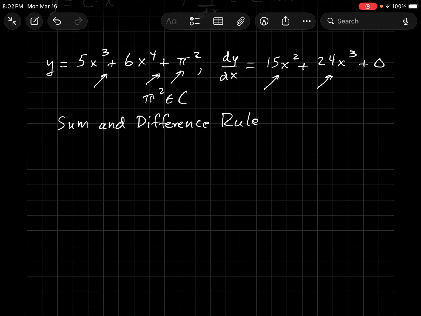Let's take a look at one that sometimes throws students when they first do it. Once again, I would like you to pause the video and take a guess at what you think the derivative will be.